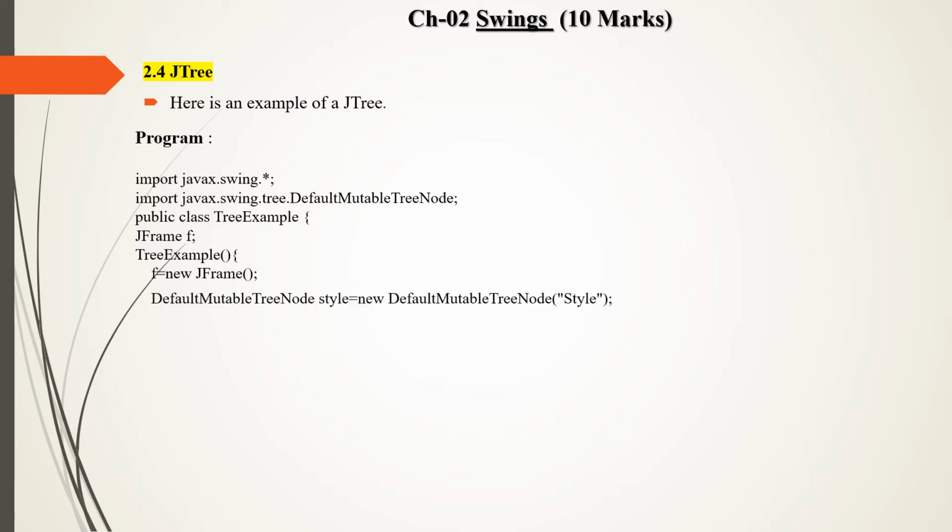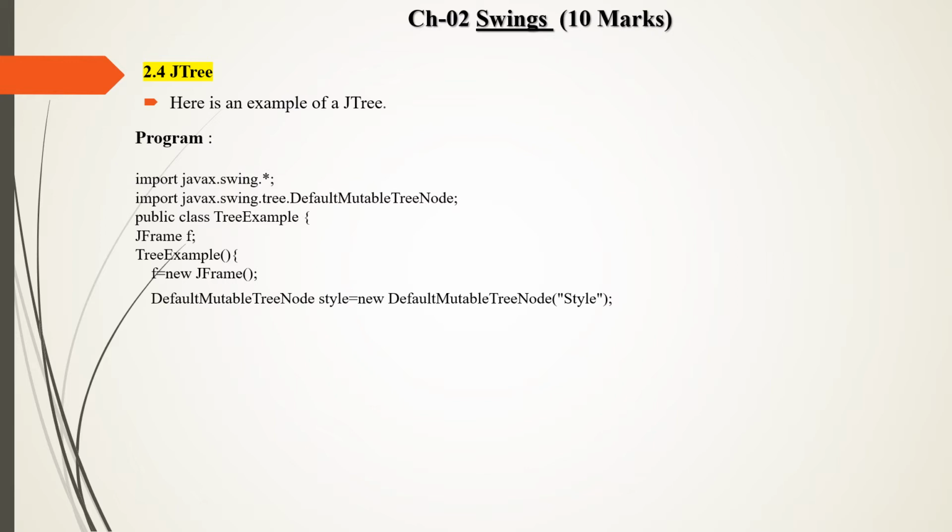Here, first we create one node by using the class DefaultMutableTreeNode. In this class name, D, M, T and N are capital. This is one complete class in this package. style is the object of this DefaultMutableTreeNode, and the name of the node is style. So this is our root node.